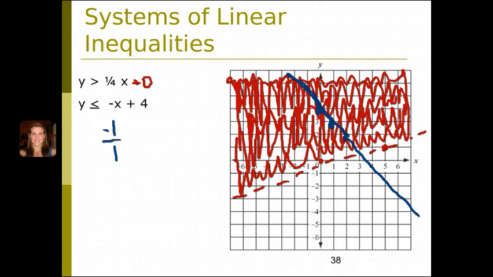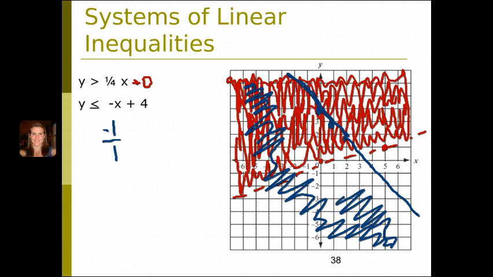To shade this inequality, we're shading what is less than this boundary. Everything below this blue line would be shaded, up to the boundary line, and in this case, including the boundary line.